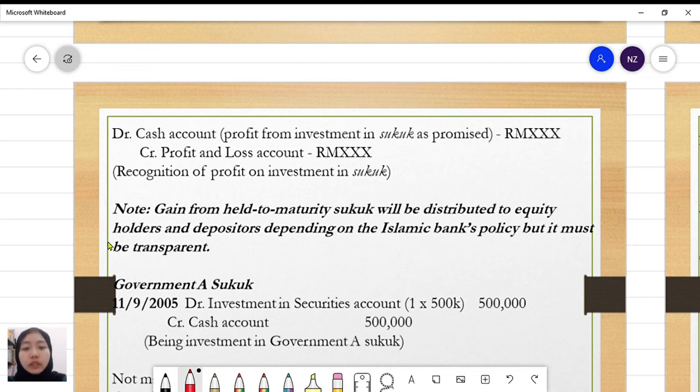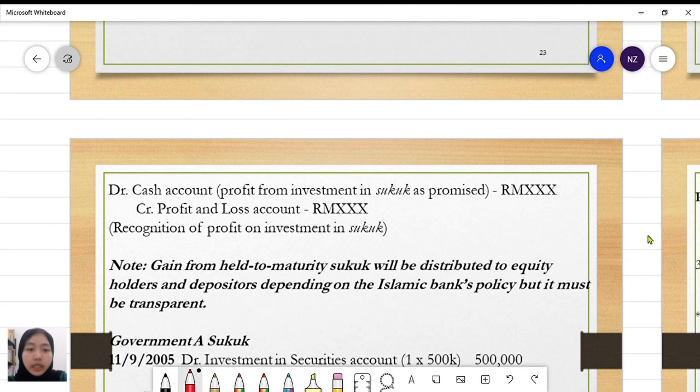So it means because the type of sukuk earlier is held to maturity sukuk, it will distribute its profit at the end of the maturity period. So what we did earlier is right, 30 June 2009 is at the end of the maturity period. That is why we have to record the profit of the sukuk. How you record the profit is the same as the shares earlier.